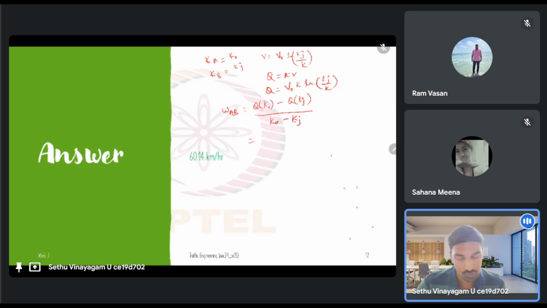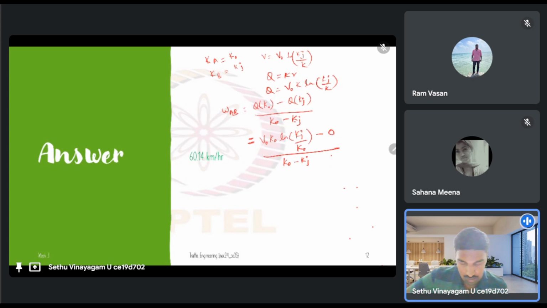What is Q of K0? That is nothing but V0 K0 log of KJ by K0. I'm just substituting it. And what is Q of KJ? That is 0. At jam density, flow is 0, we know that. So divided by K0 minus KJ. This is the speed of the shock wave.